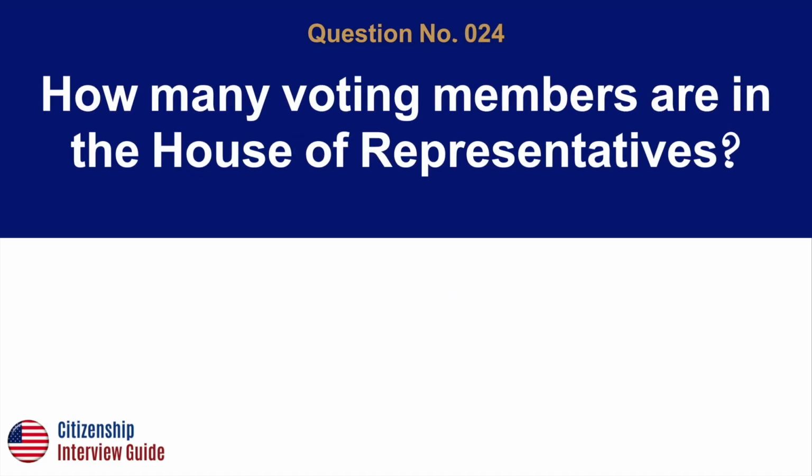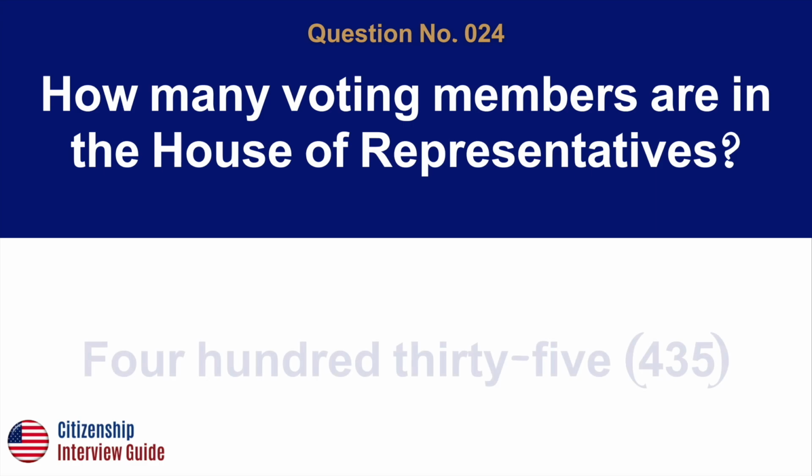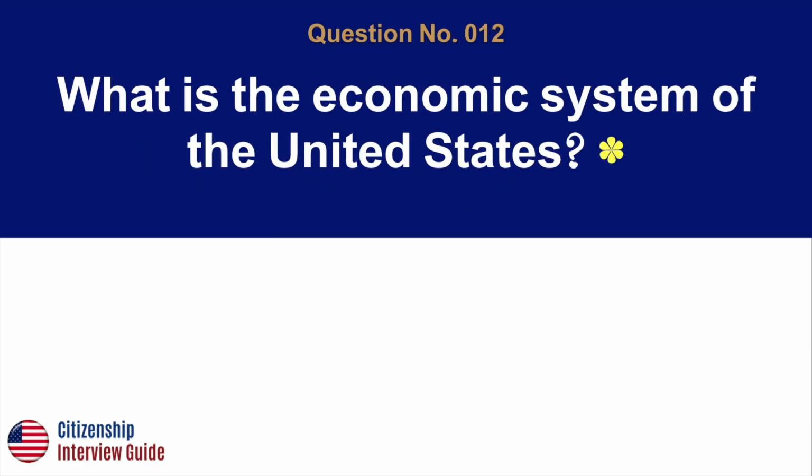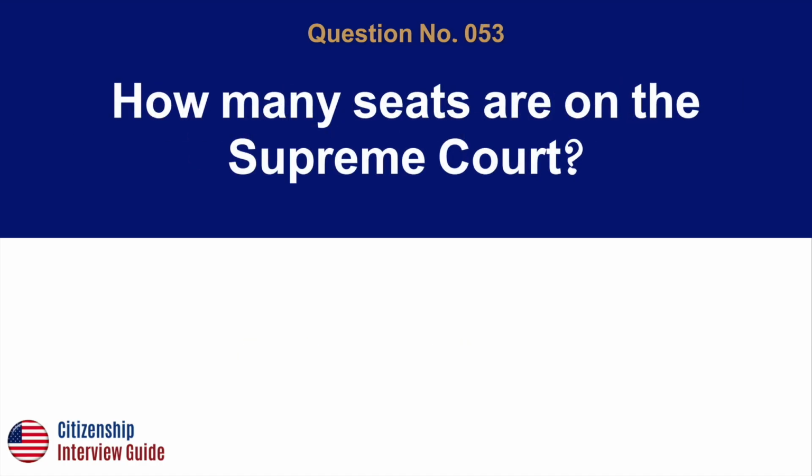How many voting members are in the House of Representatives? 435. What is the economic system of the United States? Capitalism. How many seats are on the Supreme Court? 9.